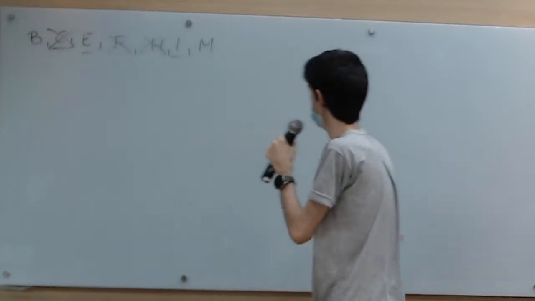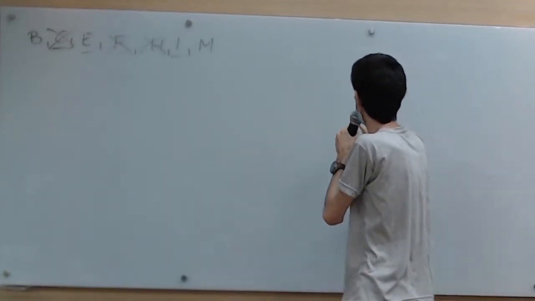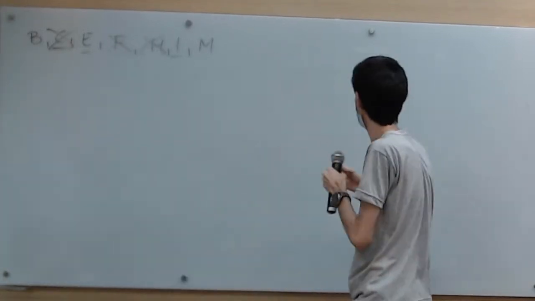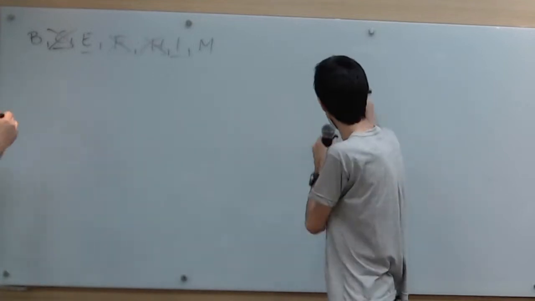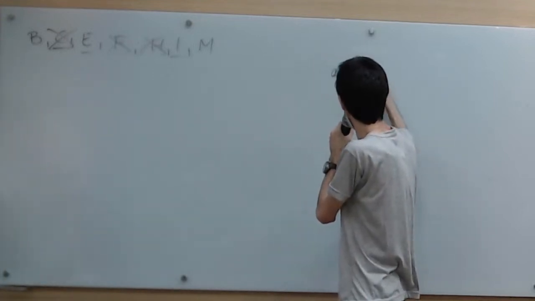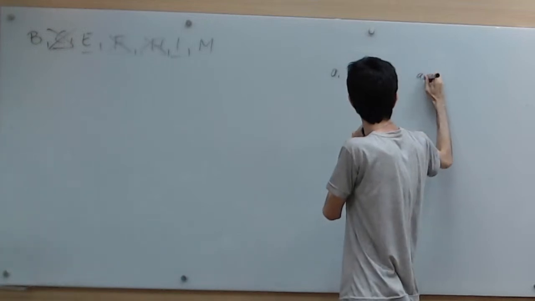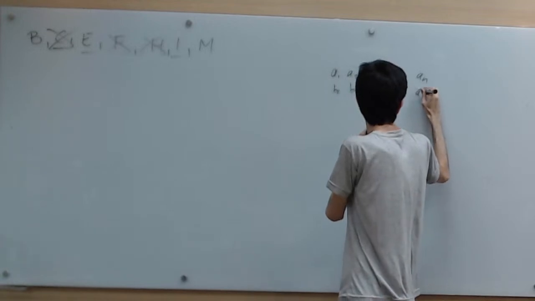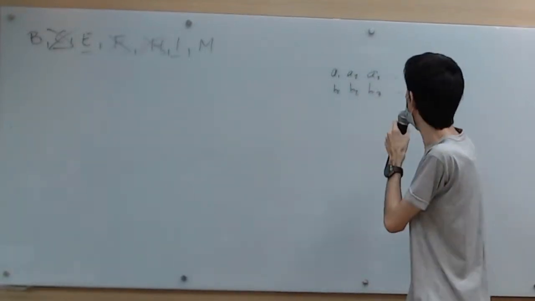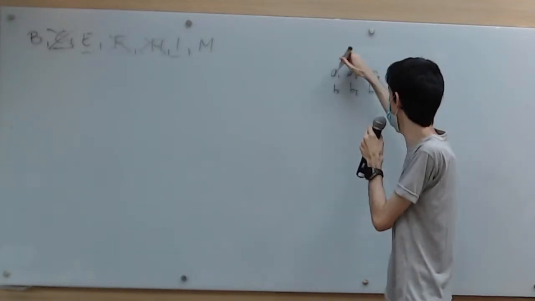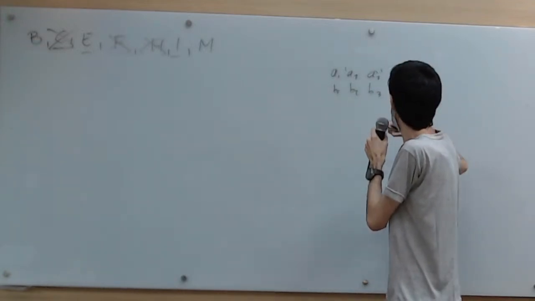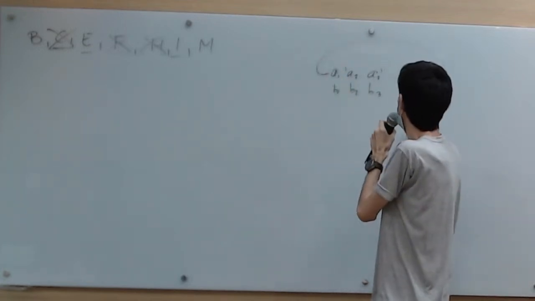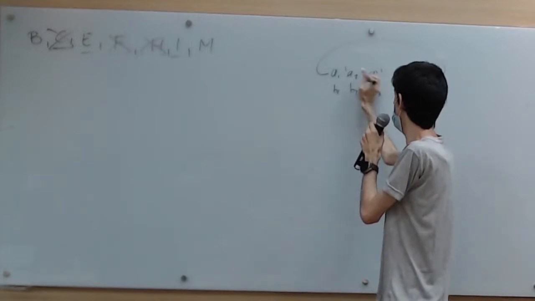Right? Well, in problem I, we had two arrays, A1, A2, and they asked us the number of ways to partition these arrays in subsegments, like it is a circular array, such that the elements in each subsegment are the same.